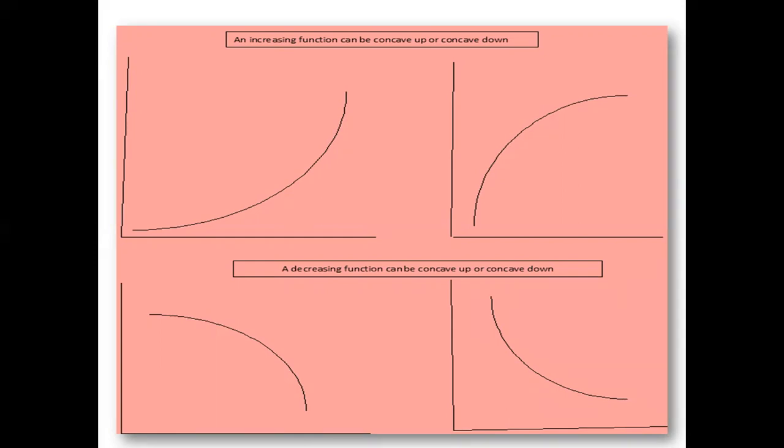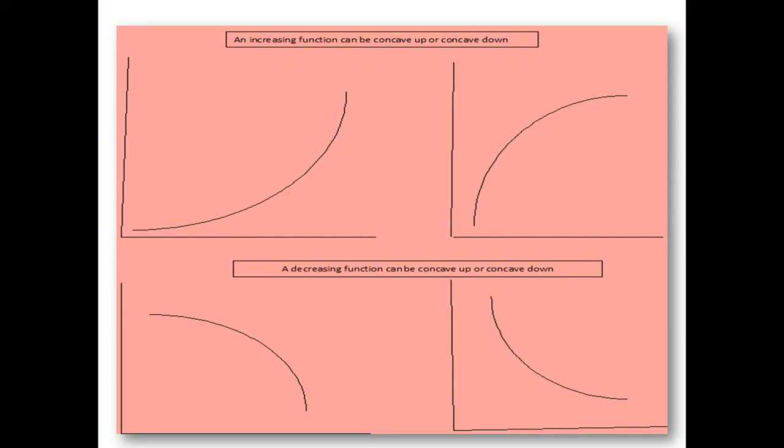Similarly, a decreasing function can be concave up or concave down on its domain. Note the slope of f is an increasing function of labor or x for a function which is concave up, and is a decreasing function of x for a function which is concave down.